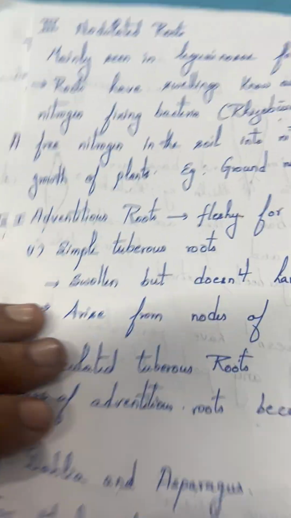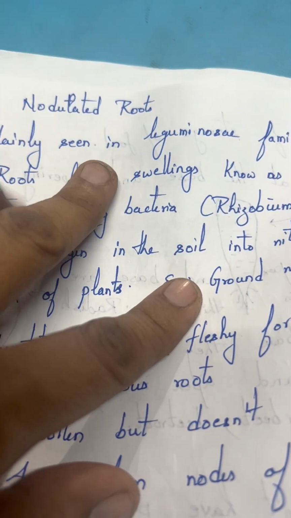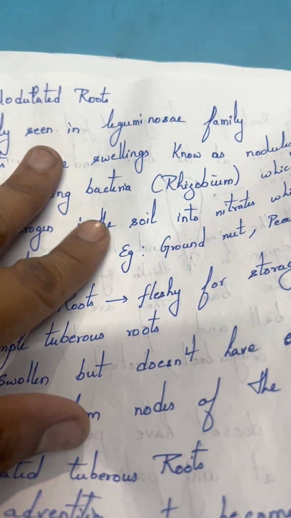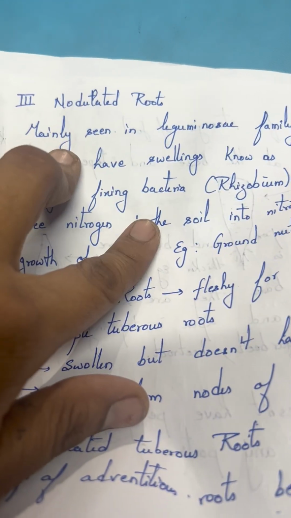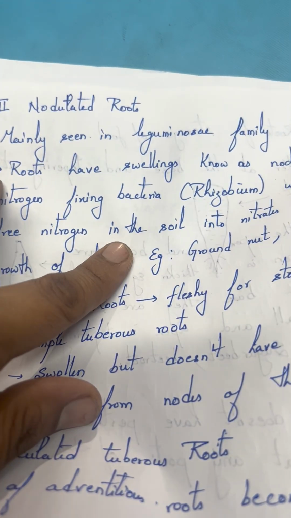Next we have the nodulated roots, mainly seen in the Leguminosae family.